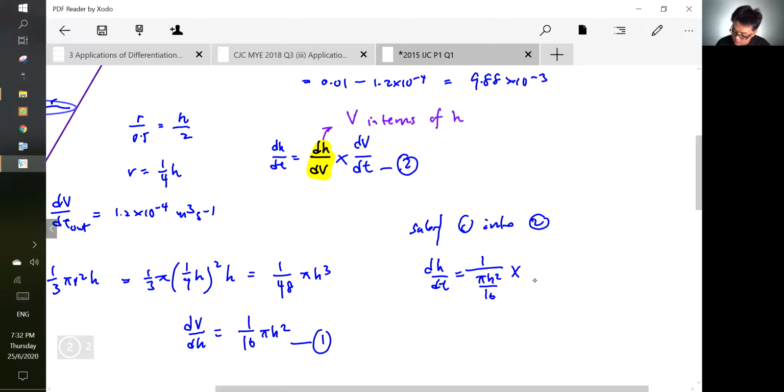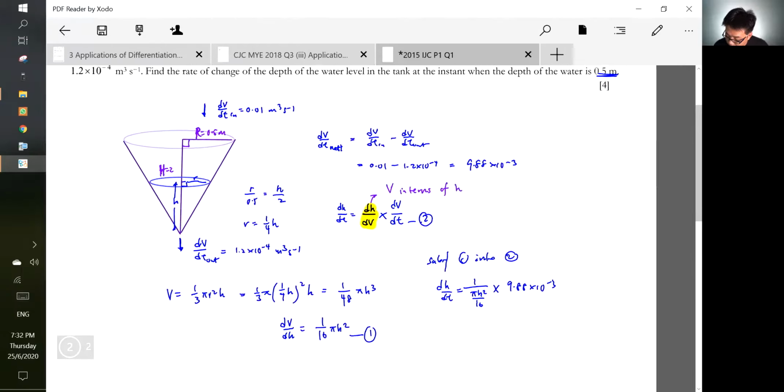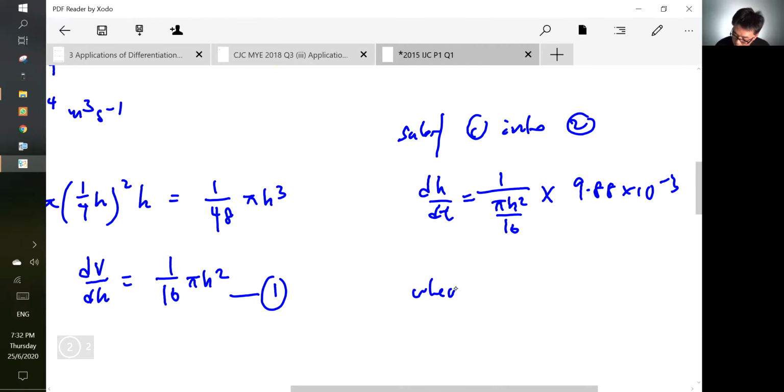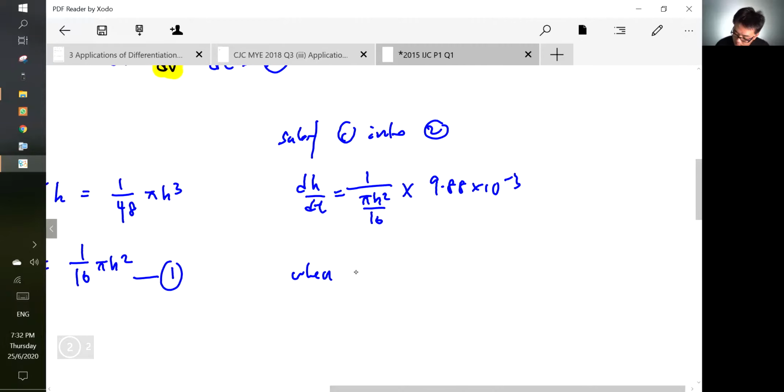So in this case we get 1 over pi h squared over 16, times 9.88 times 10 to the minus 3, when the depth of water is 0.5, when h equals 0.5 meter.